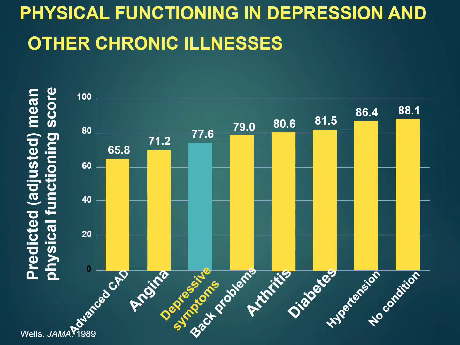With depressive symptoms, if a patient has, then it is 77.6% they are functioning. With back problems, 79% are functioning. With arthritis, 80.6% functioning. With diabetes, 81.5% functioning. With hypertension, it is 6.4% functioning. And when there is no condition there, then 88.1% are functioning.